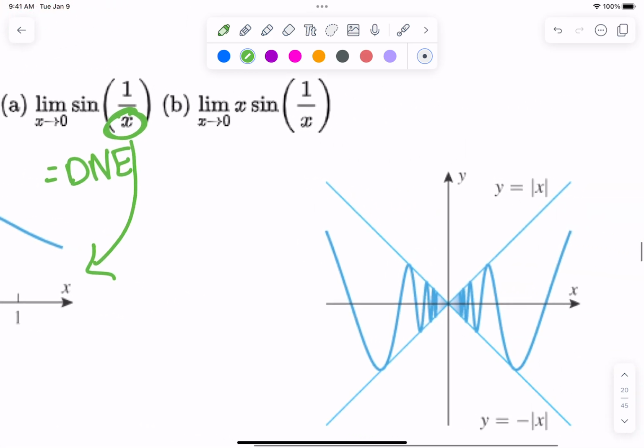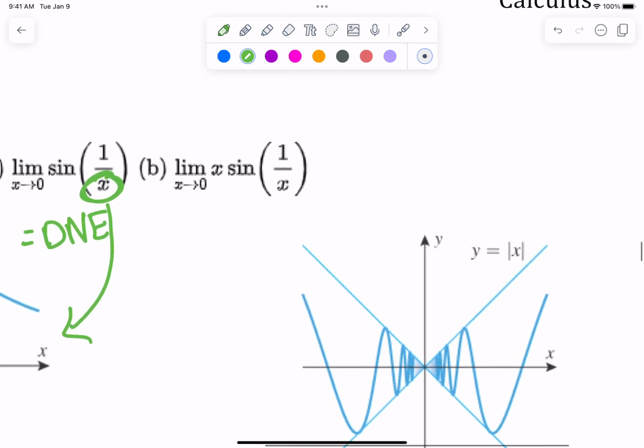This next one is kind of interesting. This is something called a damped function, spelled D-A-M-P-E-D, not with an N. We have two functions, an x and a sine.